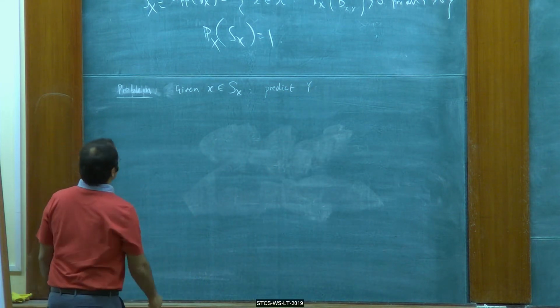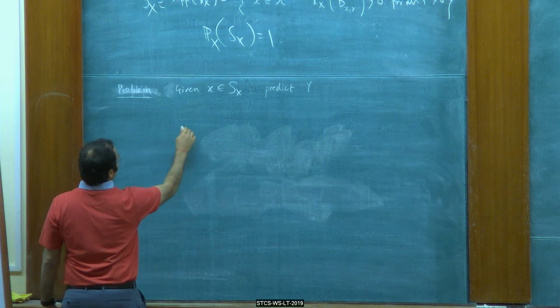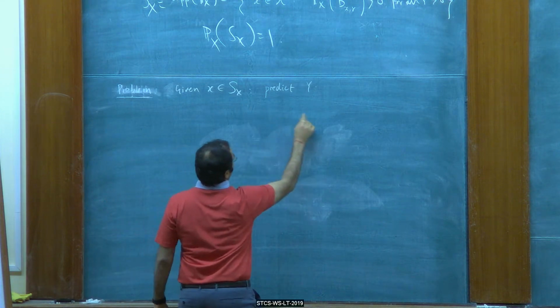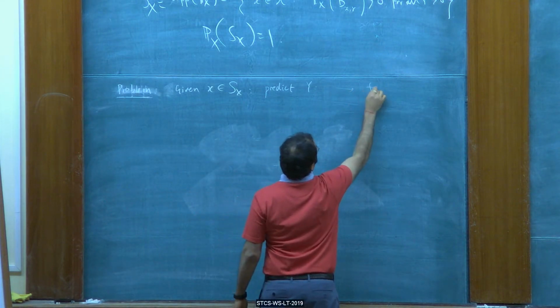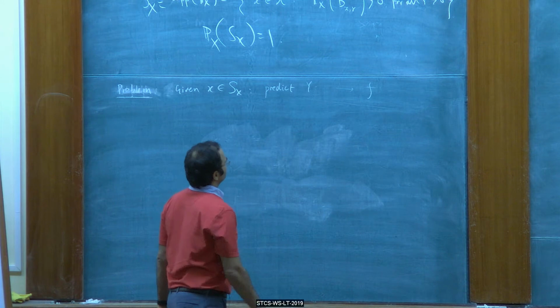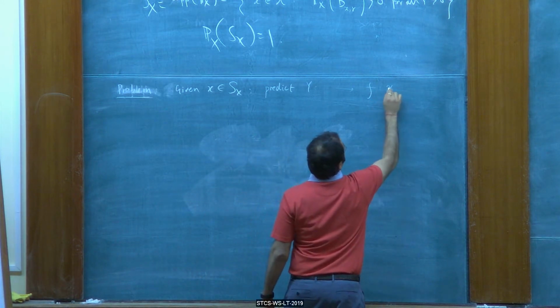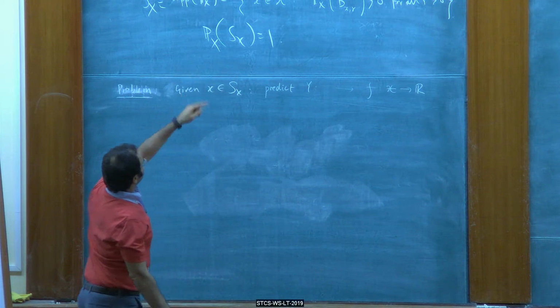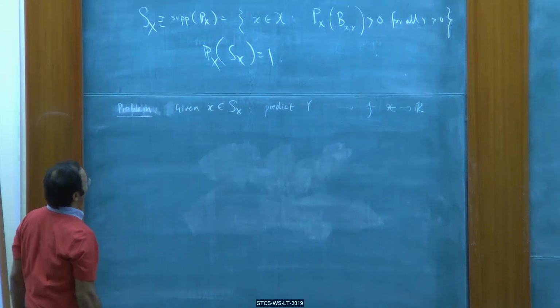Suppose your estimator is called f. Say f is a measurable function that takes x and maps it to R, in particular here, the set y, say between y min and y max.